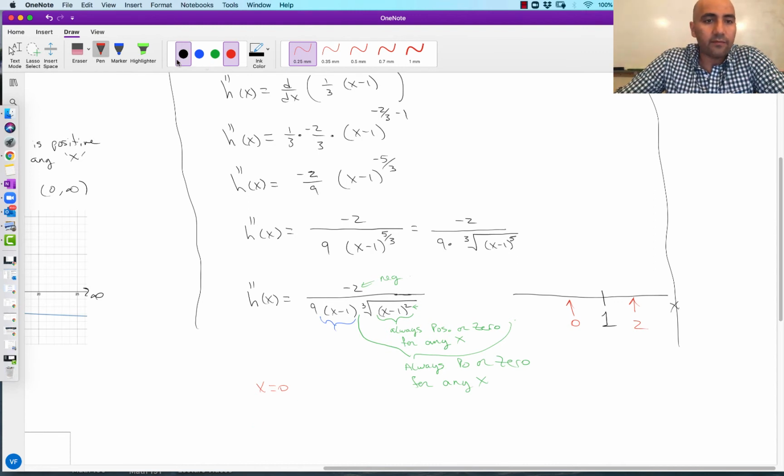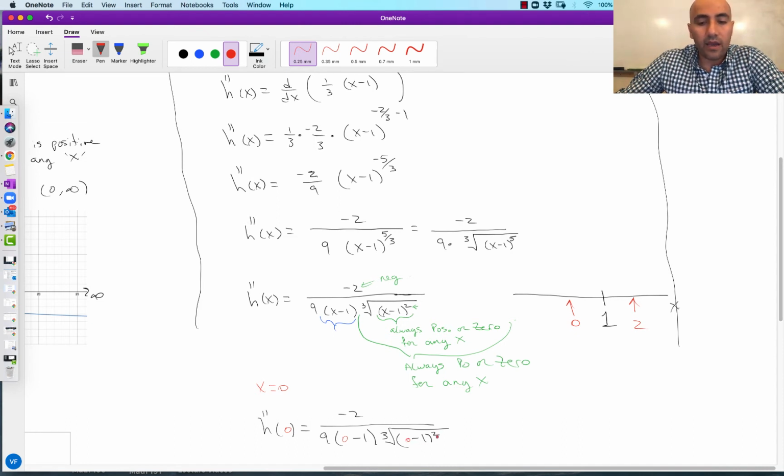So we'll have h double prime of 0 will be negative 2 divided by 9 times blank minus 1 times the cube root of blank minus 1 squared. Right, so we're going to input zeros into here. Second derivative at 0, we'll have 0 minus 1, and then we'll have 0 minus 1 in here. Okay, this will be a negative 1.